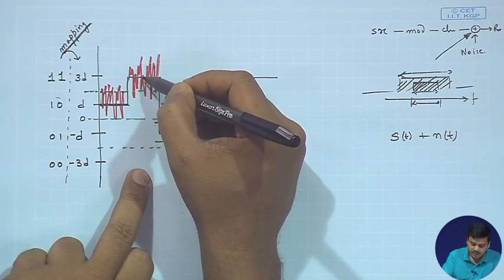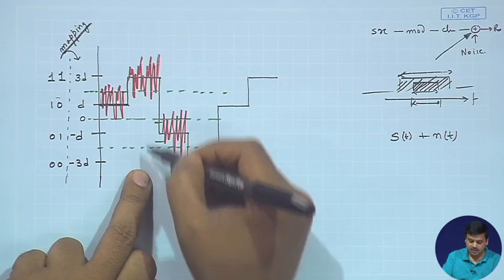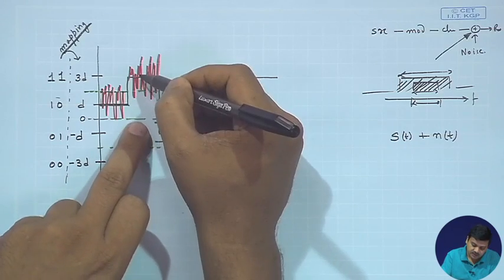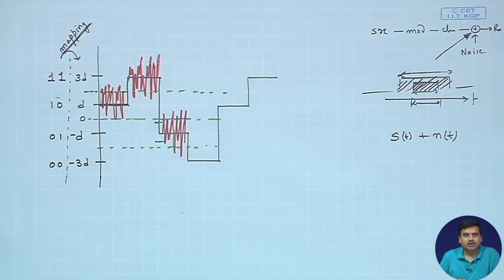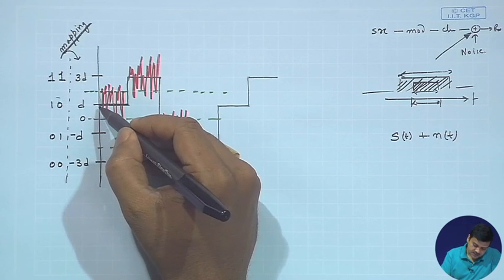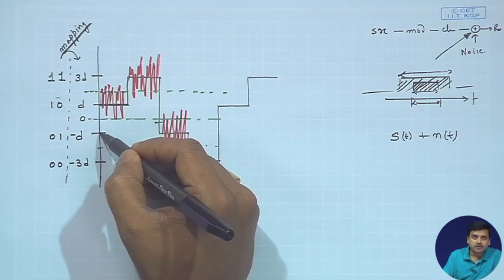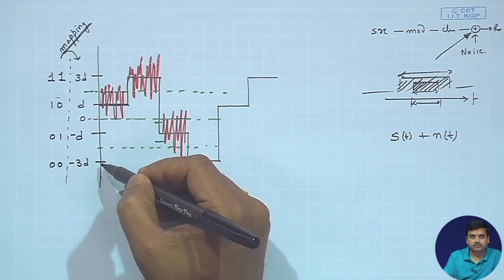So, that means 3D getting detected as minus 3D is a very small chance. 3D detected as minus D is probably a little bit higher, and 3D getting detected as D is a little bit higher chance. So, all I am trying to tell you is that there is a higher probability of getting detected as a neighboring amplitude compared to further away amplitudes, right.